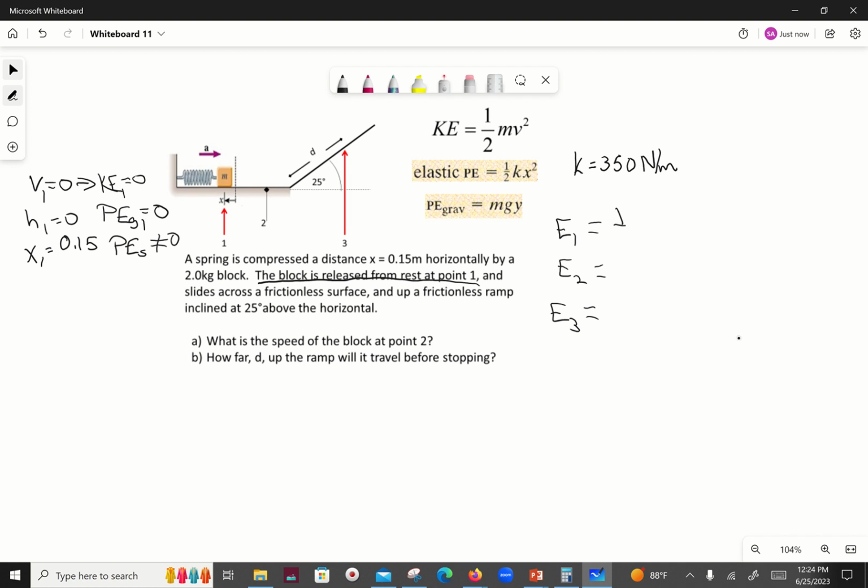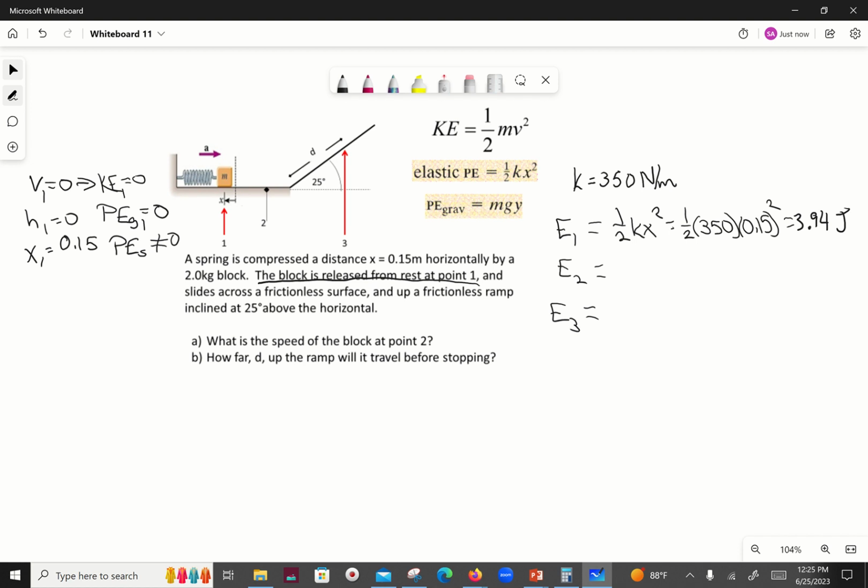I'm going to have 1/2 k times x squared. So that's 1/2 times 350 times 0.15 squared. And I can actually get a number here rather than just having an equation. My energy is going to be 3.94 joules. And again, I keep extra significant figures at this stage.